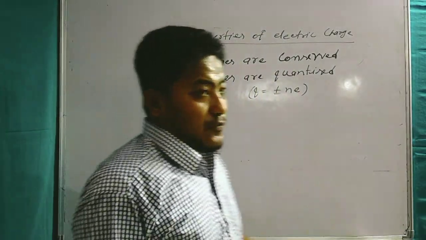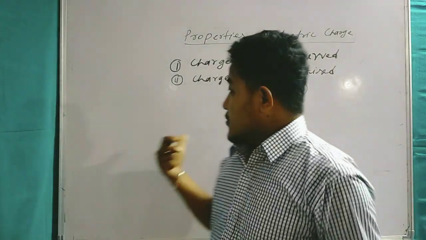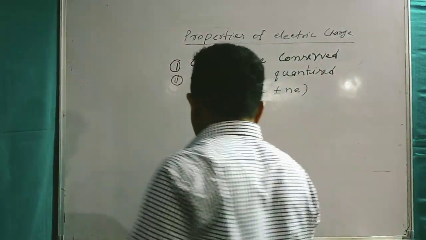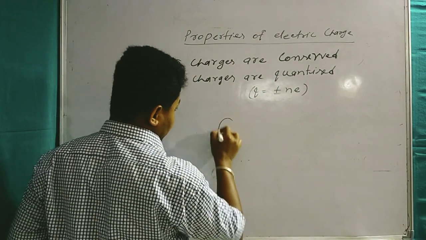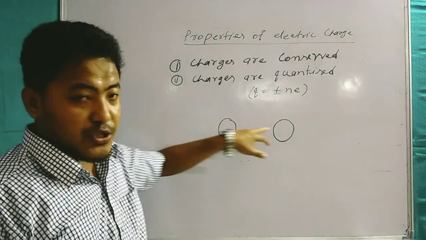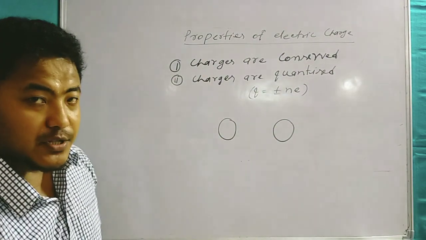Basically, if we want to analyze more about the quantization of electric charge, suppose I am taking two bodies, A and B, neutral bodies you can say.